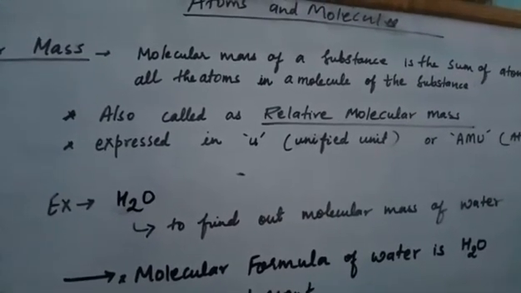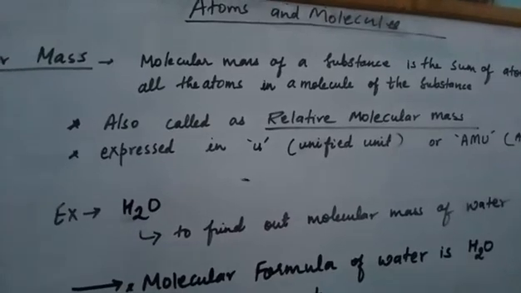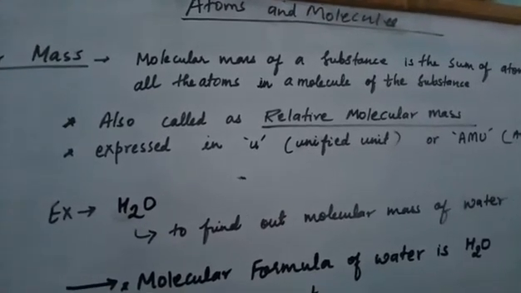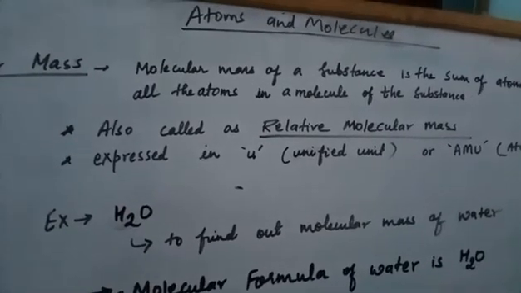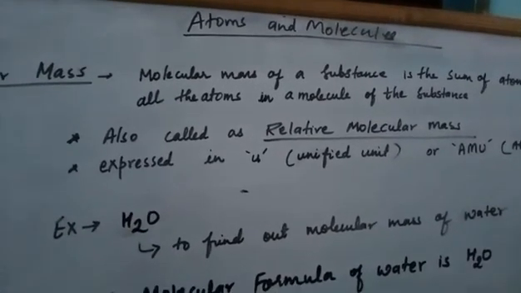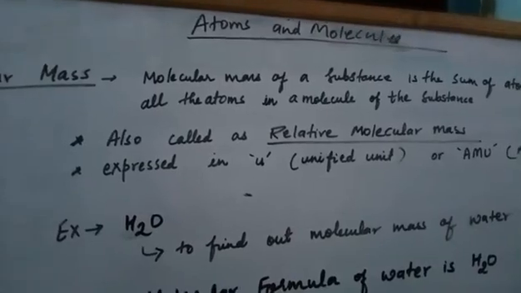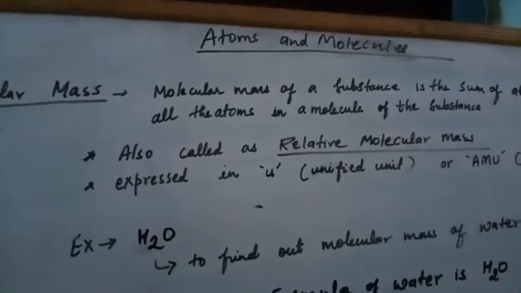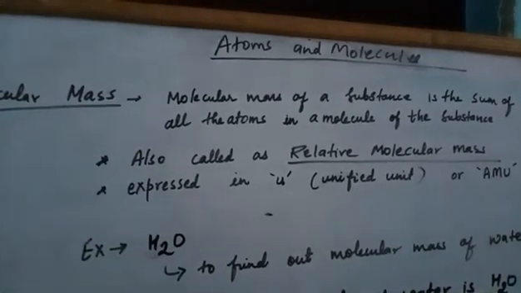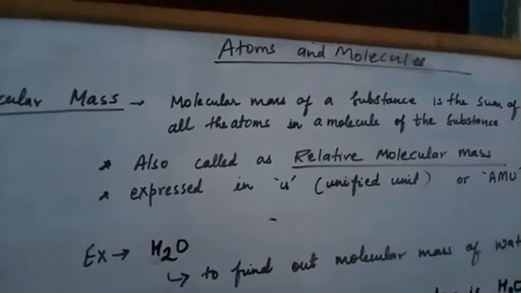Because we take the average of all the isotopes of that element. Okay, so we say that it is the average. And why do we say relative? Because we are comparing it with an atom of the carbon 12 isotope.